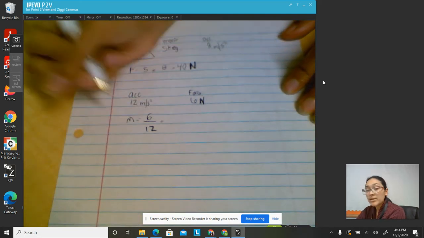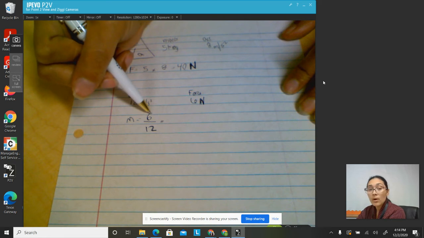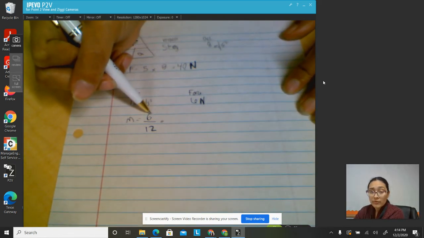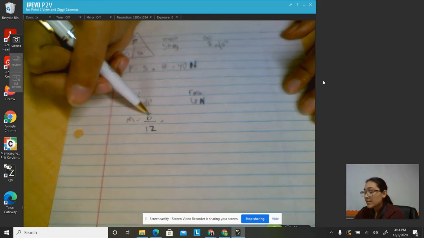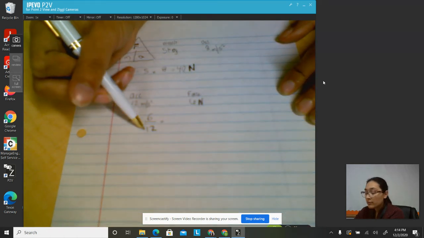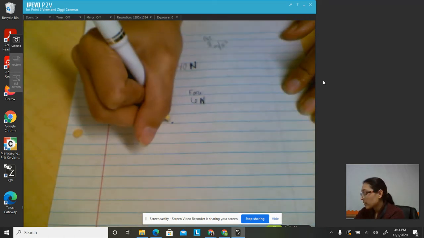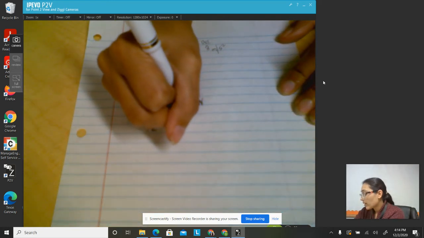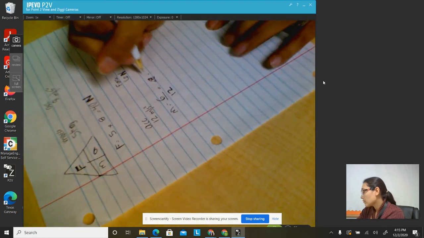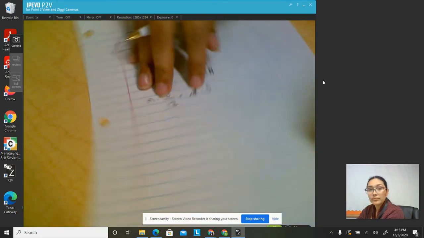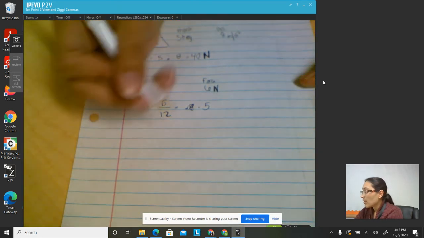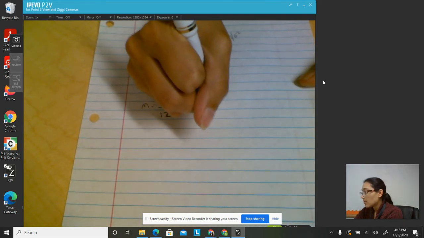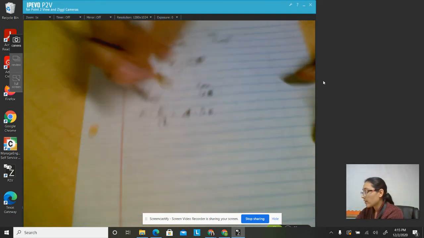When I put this into my calculator, the top number will go first. Force will always go first into the calculator. So it's going to be 6 divided by 12, and your answer is going to be 0.5. And mass always has a unit of kilograms.